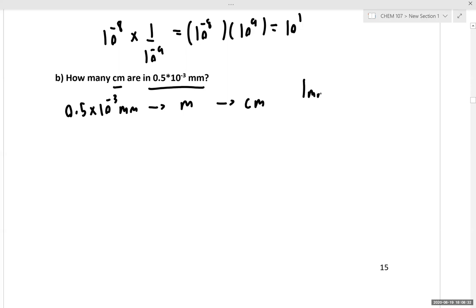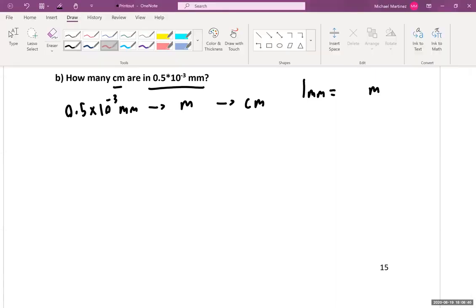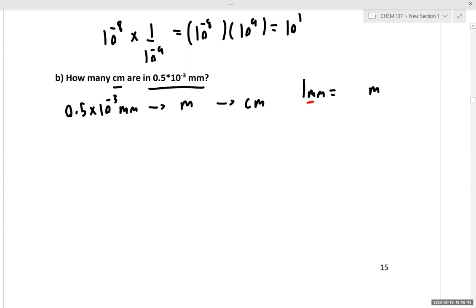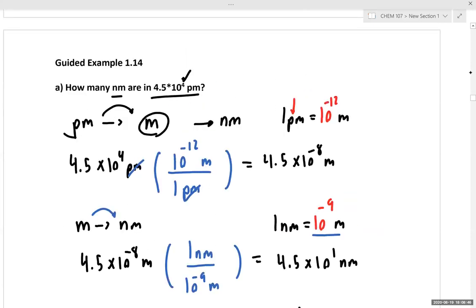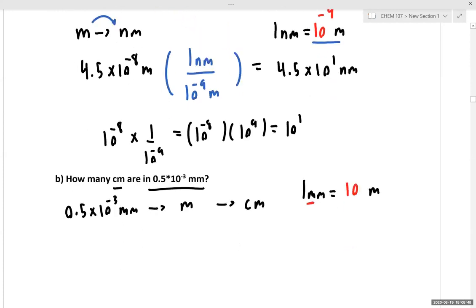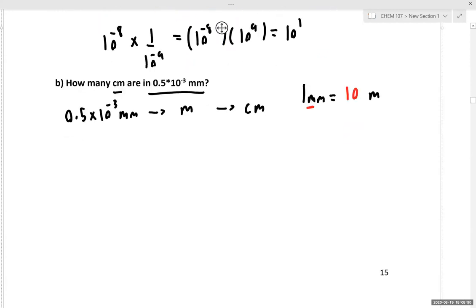So 1 millimeter corresponds to how many meters? What does the milli prefix correspond to? 10 to the negative third. Yep, exactly right. The milli prefix corresponds to 10 to the negative third.